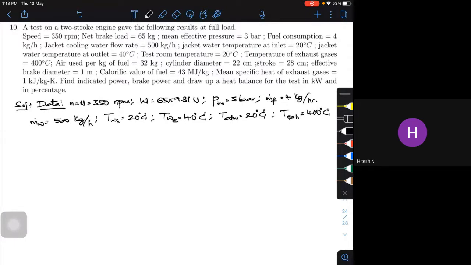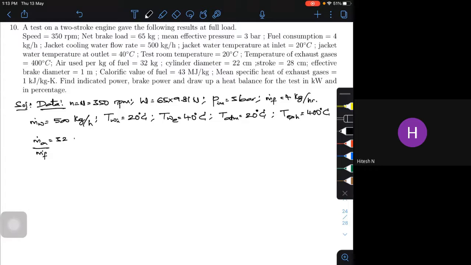Now what else is given? The mass of air used per kg of fuel, m dot A by m dot F, is directly given as 32.